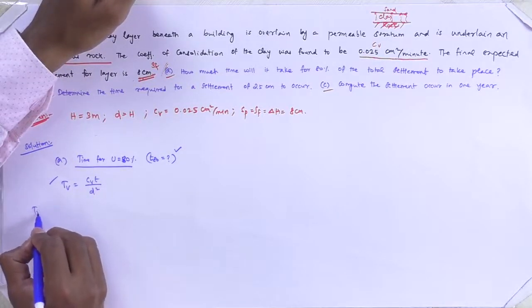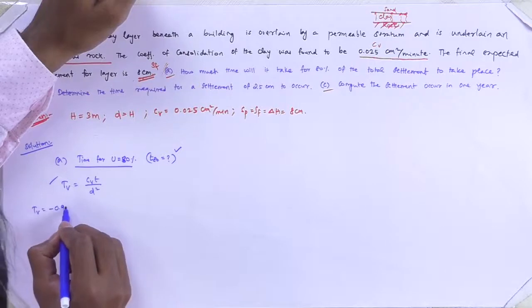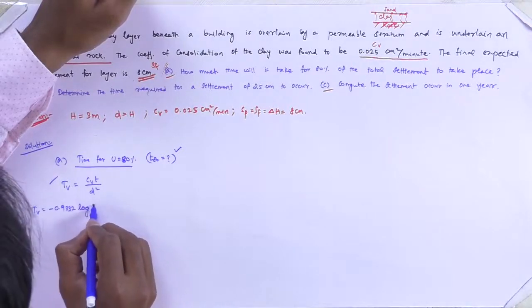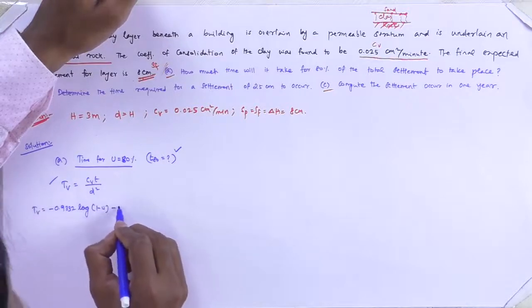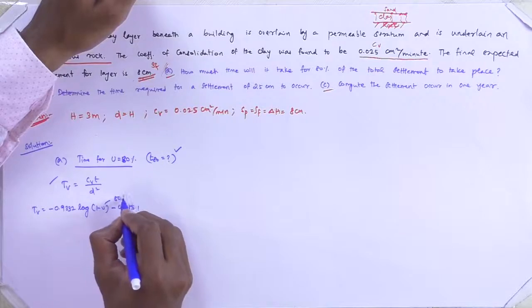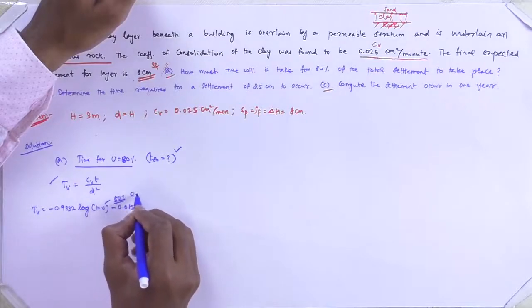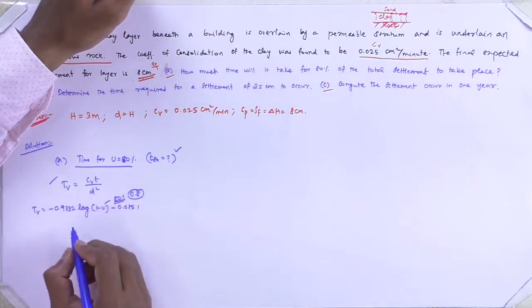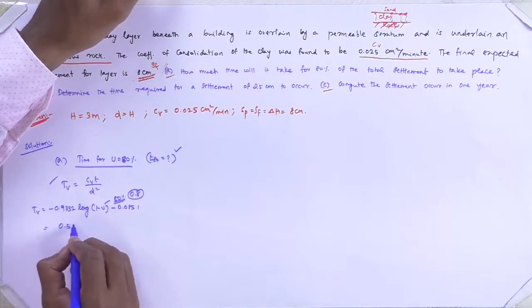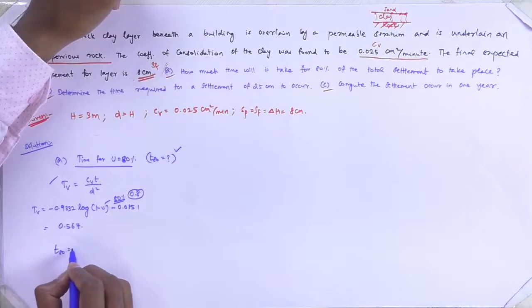To find TV, TV equals 1.781 minus 0.9332 log of (100 minus U percent), or for U above 60%, TV = 1.781 - 0.9332 log(100 - U%). Putting U as 80%, in terms of 0.8, you get the value TV equals 0.567.